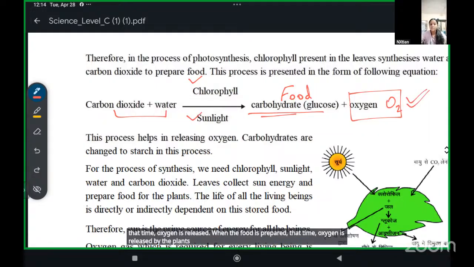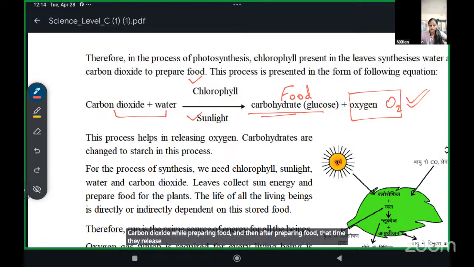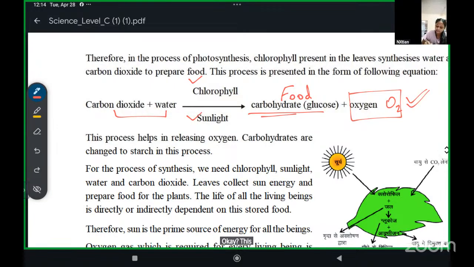This process helps in releasing oxygen, and carbohydrates are changed to starch in the process.